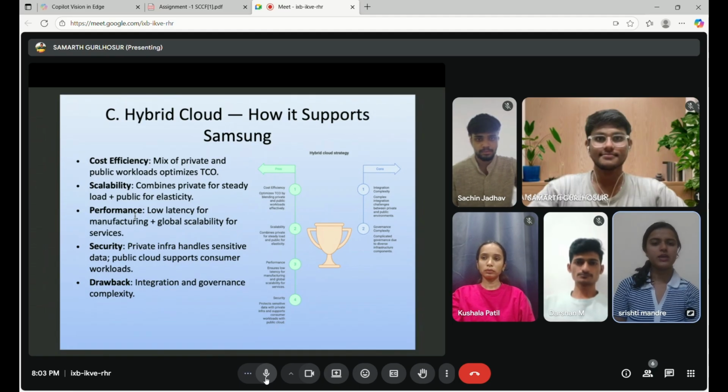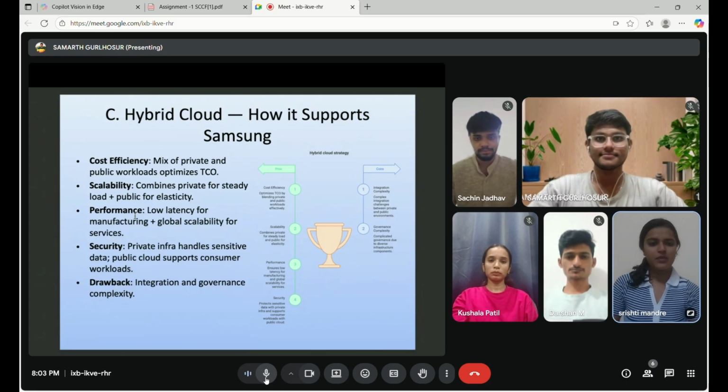The private cloud keeps critical data secure and the public cloud manages customer services. The only drawback is integration and governance complexity. Overall, the hybrid cloud gives Samsung the flexibility, scalability, and security it needs for both internal and customer-facing operations.